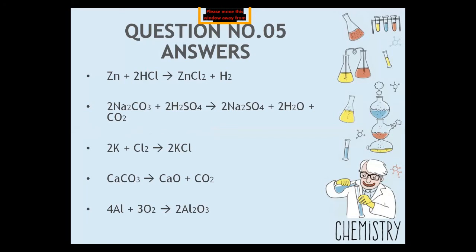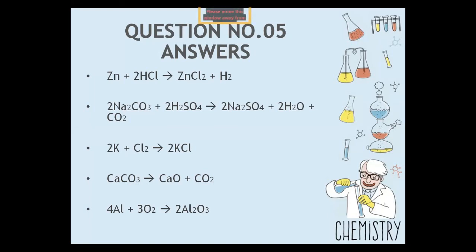Question number 2: Na2CO3 plus H2SO4 gives Na2SO4 plus H2O plus CO2. The balanced equation is in the slide: 2Na2CO3 plus 2H2SO4 gives 2Na2SO4 plus 2H2O plus CO2.